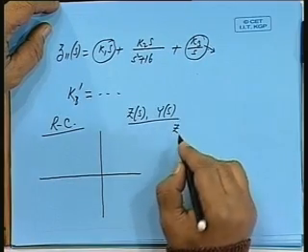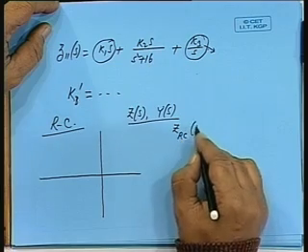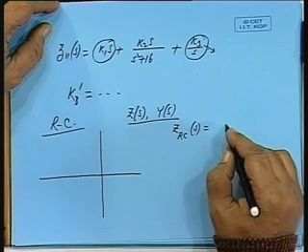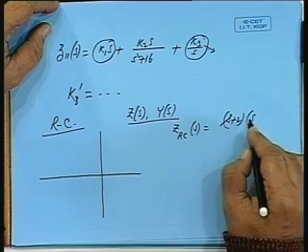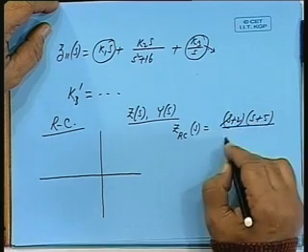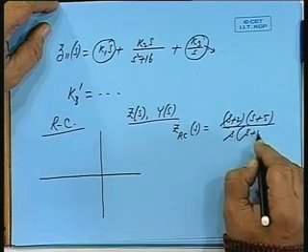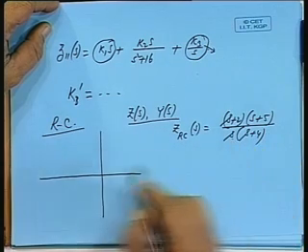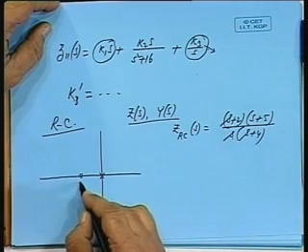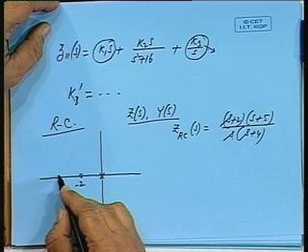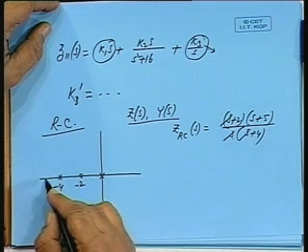Suppose we consider the ZS function, it may be S plus 2. Let me take a very simple example, S plus 5 divided by S into S plus 4. The pole is at the origin. So, 2, 4, 5.